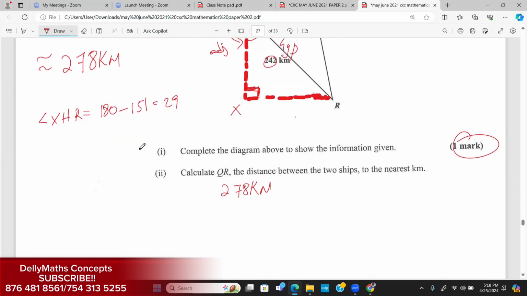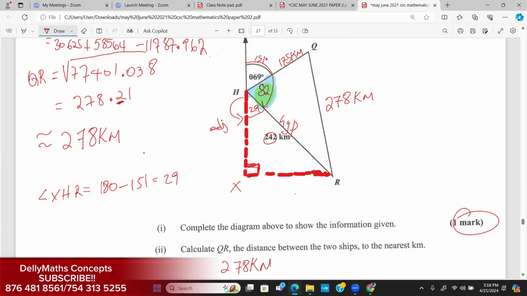So I'm going to put it over the side here. For that, we're going to use cosine. Remember that cos of the angle is equal to the adjacent side divided by the hypotenuse. So cos of 29 degrees is equal to XH over the hypotenuse, which is 242.